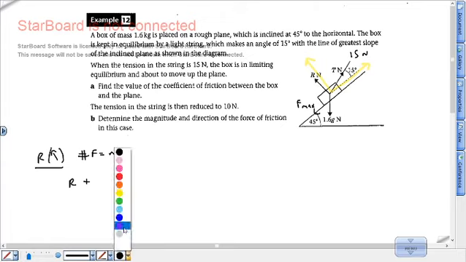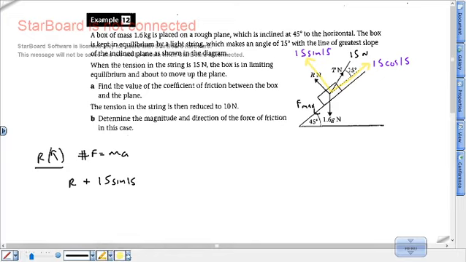This one will be 15 newtons times cos 15, and this one will be 15 newtons times sin 15. Coming back to this, I've got R plus the 15 newtons sin 15, and its weight component, which I ought to componentalize as well. So I've got a bit going down here and a bit going down there.